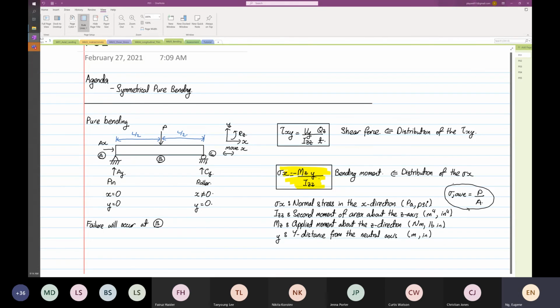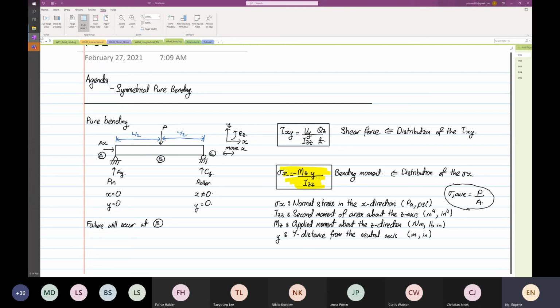Later on, we might even go into 3D structure or unsymmetrical bending. So now we are doing symmetrical. Later on, when we do unsymmetrical, it means you have bending moment in two different directions. Okay, so I'm going to teach you what I learned by solving a lot of problems.